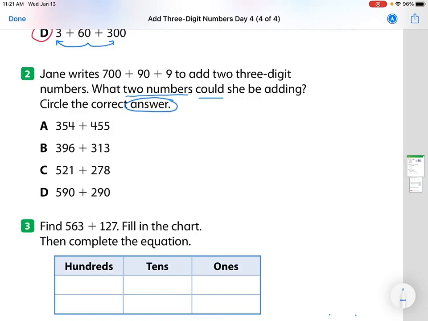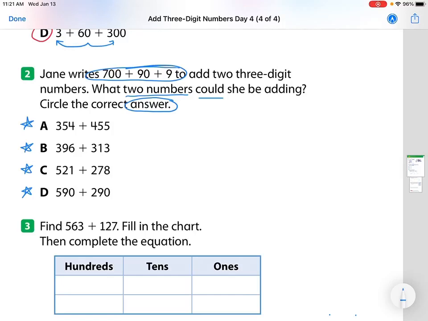Do you know what you're going to have to do to solve this problem? You're going to have to figure out which of these number sets could be the numbers that she adds together to get this solution. That means you're going to kind of have to work backwards, or you're going to have to solve all 4 of these before you can figure out which one is correct.